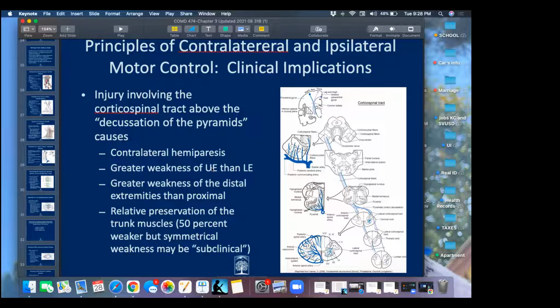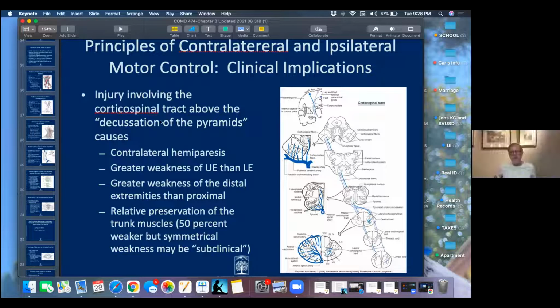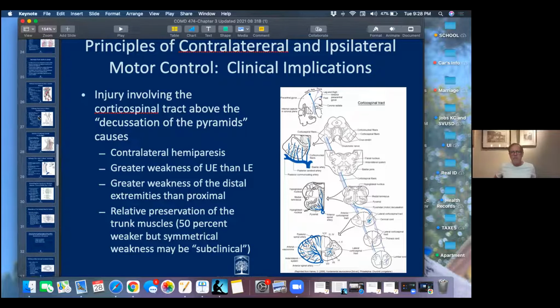Okay, so when we're doing the flow diagram for the left internal capsule, what's a good picture to go off of? Because I remember in the lecture you circled over here that the internal capsule is over here. Well, that does show the internal capsule, but let me bring my screen up.